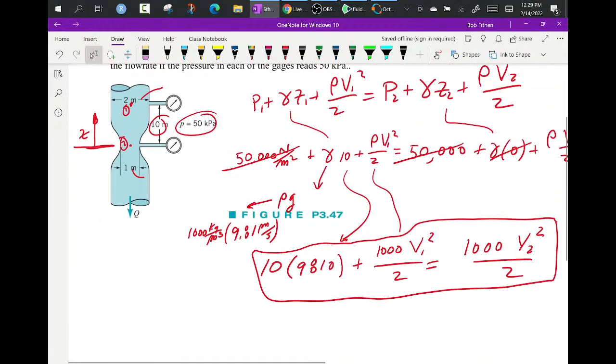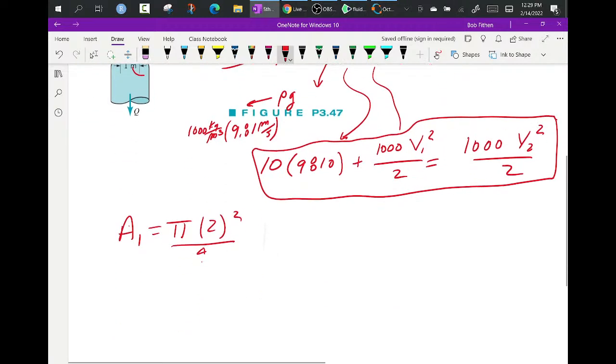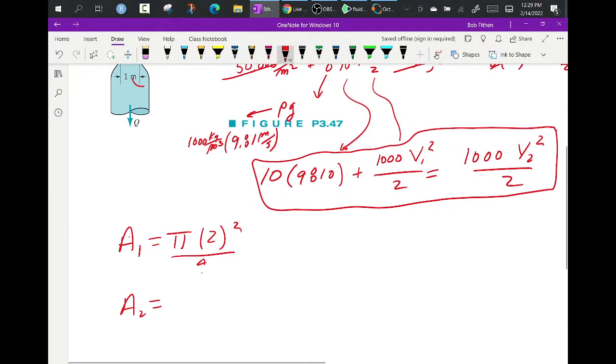So what I will do is I'll say the area of 1 is pi, the diameter there is 2, squared over 4. The area of 2 is equal to pi 1 squared over 4.